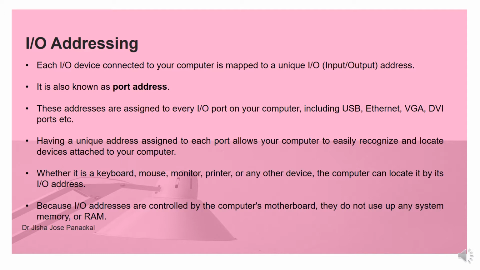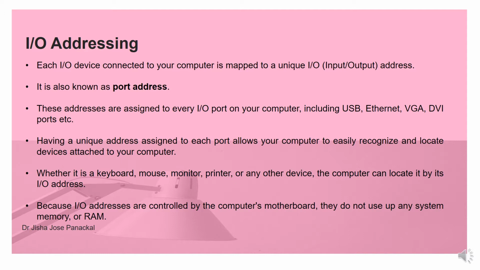Having a unique address assigned to each port allows your computer to easily recognize and locate devices attached to your computer. Whether it is a keyboard, mouse, monitor, printer, or any other device, the computer can locate it by its address.